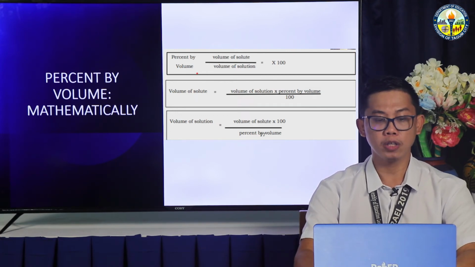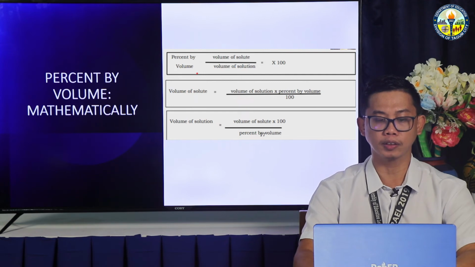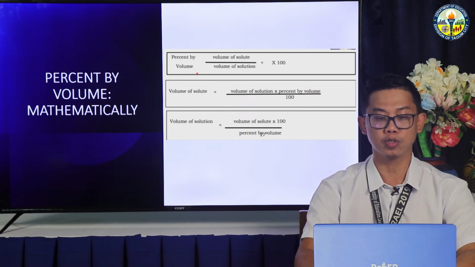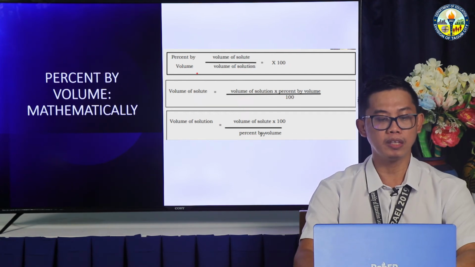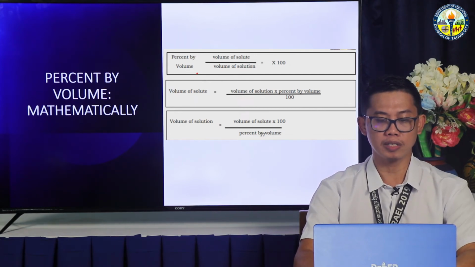Second, if the volume of solute is asked, this is the derived formula that we are going to use. That is, the volume of solute is equal to the volume of solution multiplied by the percent by volume divided by 100%.